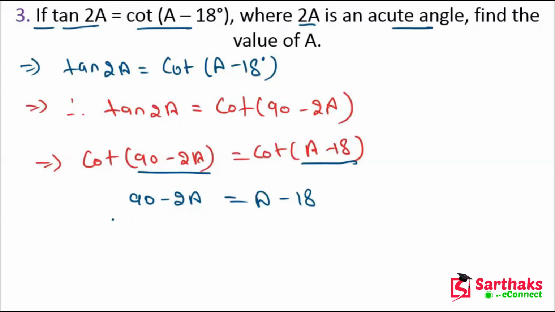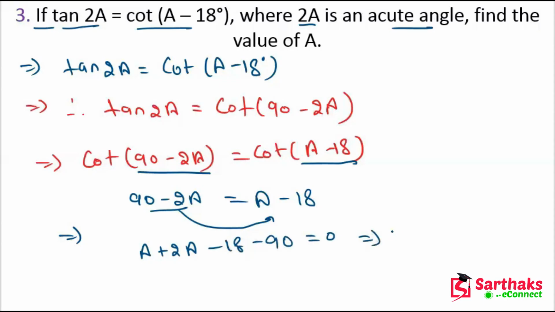With the help of this equation, we shift these terms to the other side, so we get a plus 2a, and minus 18 minus 90, which is equal to 0. This gives 3a is equal to 108.